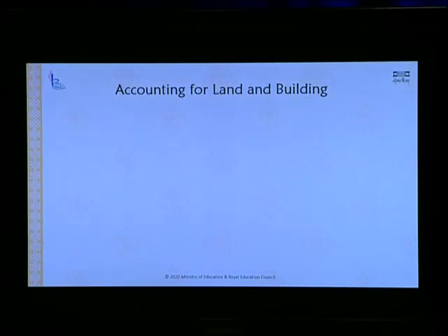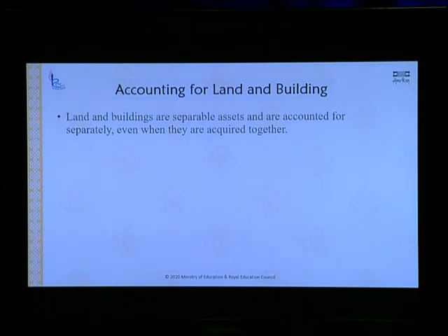Now, let us see some more in depth about property, plant and equipment. Let us see about land and building. Land and buildings are separable assets and are accounted separately even when they are acquired together. If a company purchases both land and building together, they cannot club this together and have a single account.